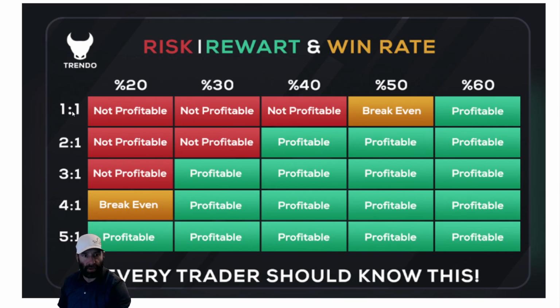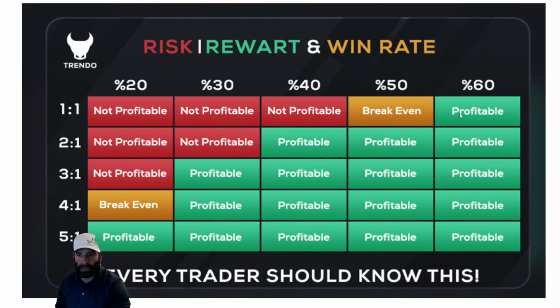The trade is either going to turn out to be a $100 loss or a $100 profit. And as you can see here, if this is what you're targeting, you need to be winning 60% or more of your trades in order to be profitable.